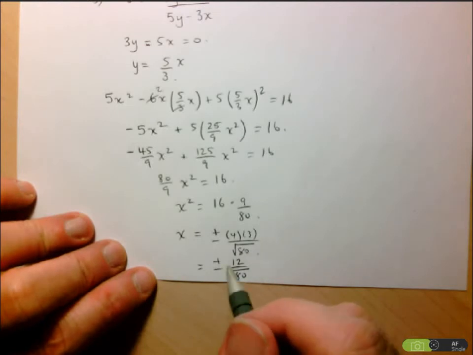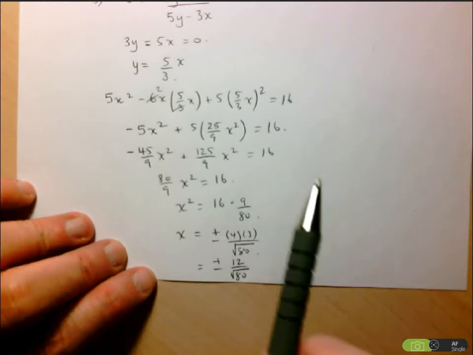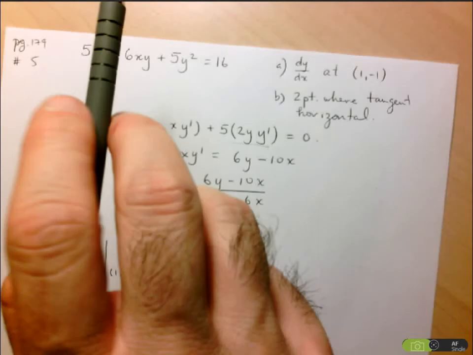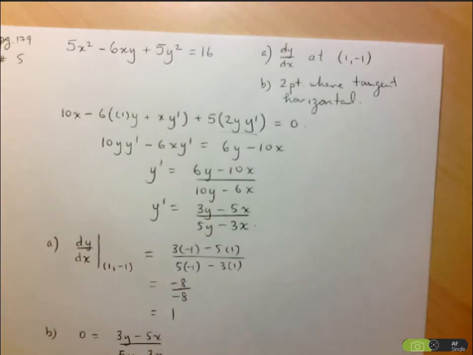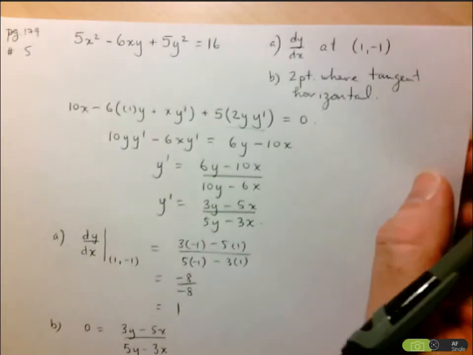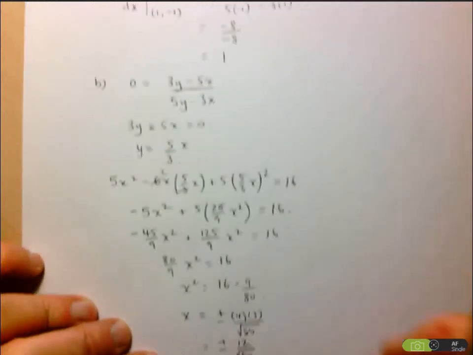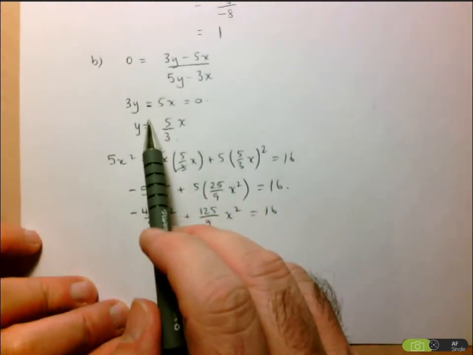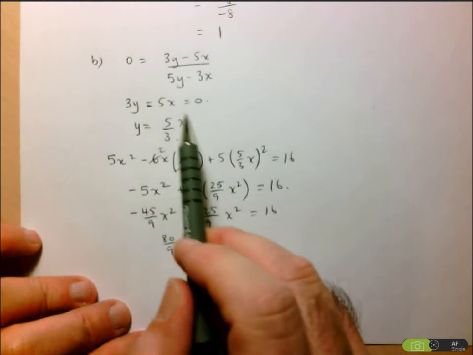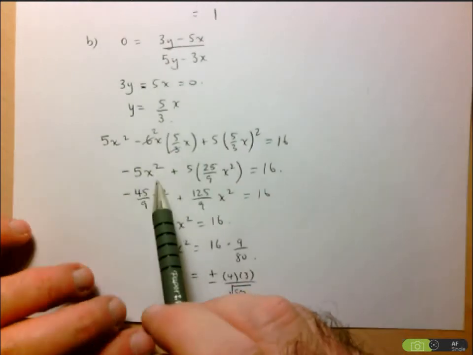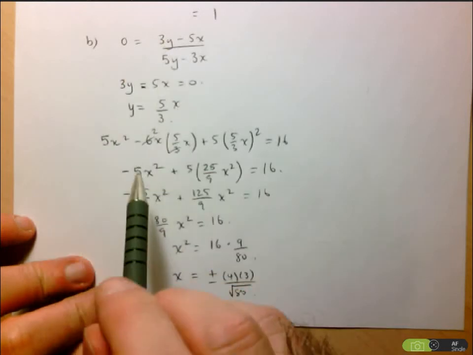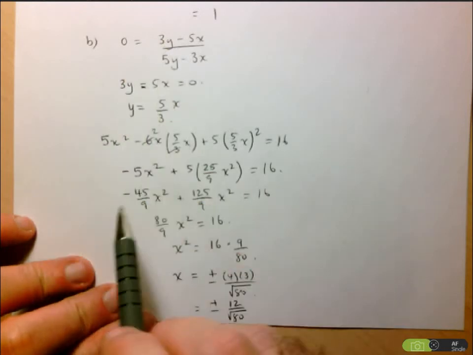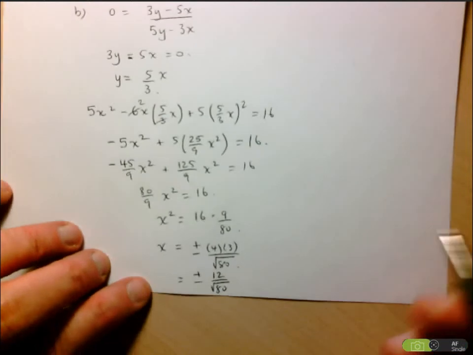Now normally I would take these x values, put them back into the original equation for this relation, and solve for y. However, in solving for when the derivative is 0, we actually had a relationship between y and x. We know that in order for the derivative to be 0, we need y to be 5/3 x. So here we have a bit of a shortcut.